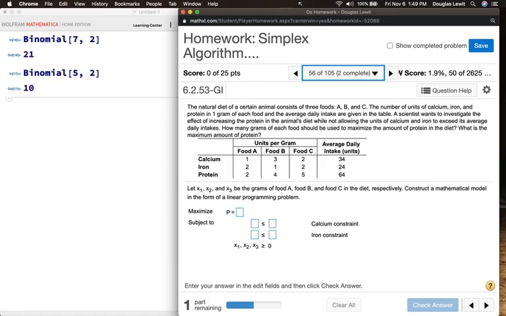So what's confusing, well, it's not really confusing, but you have to really put on your thinking cap here. All the numbers you need are right here, but the number that you're really not interested in is the number 64. The average daily intake of protein is 64 units, but we don't really care about that. And why is that? Because it says here, a scientist wants to investigate the effect of increasing the protein in the animal's diet while not allowing the units of calcium and iron to exceed its average daily intakes.